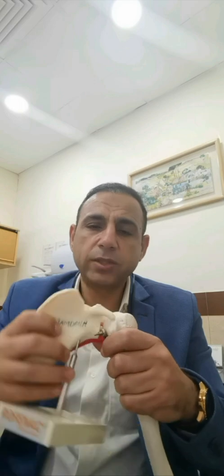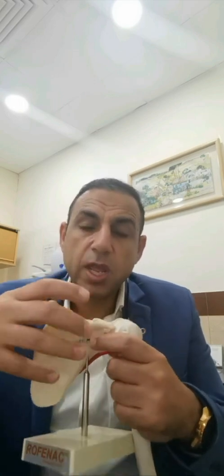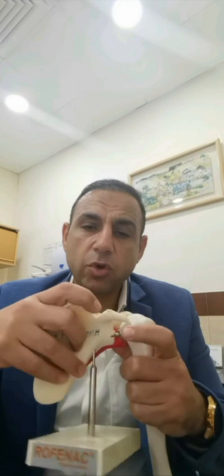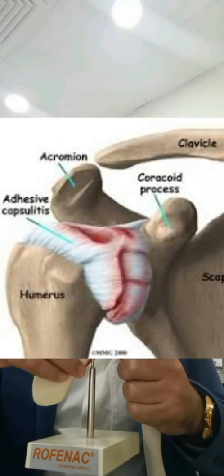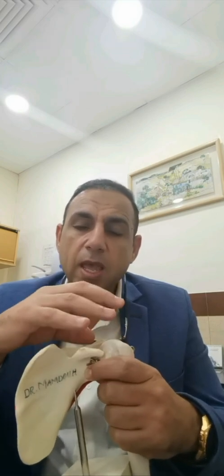This capsule allows the wide range of motion. When inflammation happens in frozen shoulder, this capsule shrinks, and the shrinkage leads to limited motion of the shoulder in all directions. That's why frozen shoulder is a primary disease occurring in the capsule of the joint.